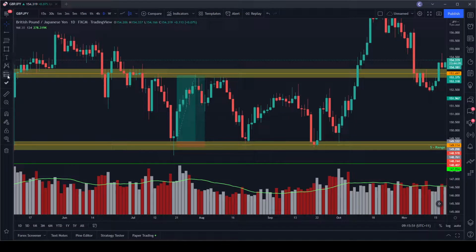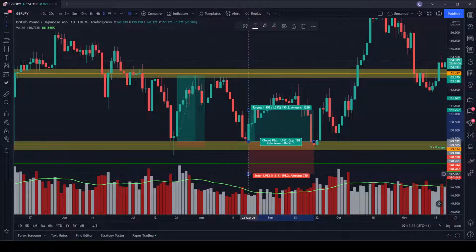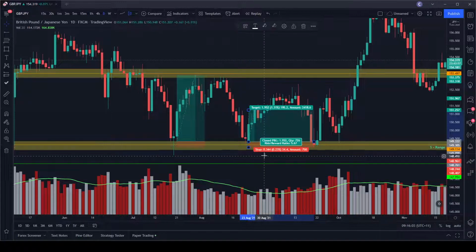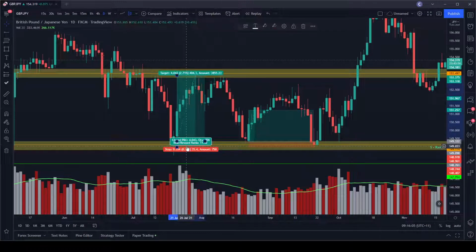So here you have another entry, right? Another entry condition. So 35 pips. So there's your stop loss. Now your stop loss is in the zone here. So your risk is going up because it's in the zone.